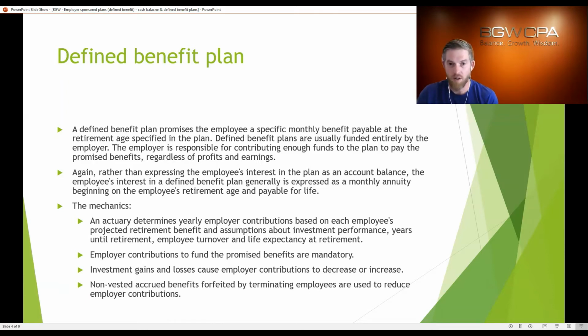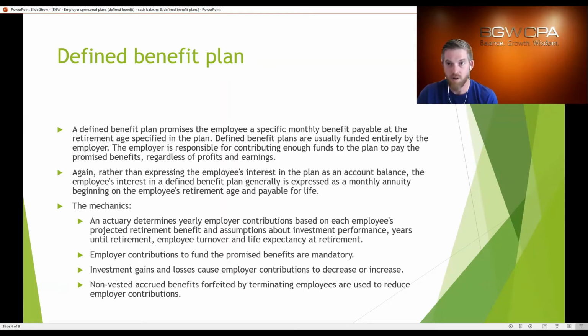And then on a yearly basis, the actuaries come in and take a look at investment performance and how close the employee is getting to retirement. So let's say that the investments do tremendously well and there's a 30 or 40% return, and we're looking at year 2. That would actually be a positive to the plan, but it would be negative to the employer because the benefit, the amount that's been funded to the plan has grown and the benefit has stayed static.